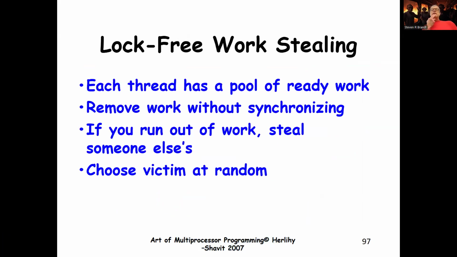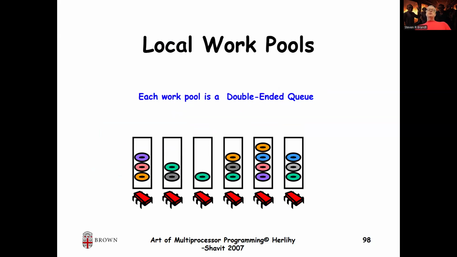What we want to look at is the concept of lock-free work stealing. Each thread has a pool of ready work, and it can remove its own work without synchronizing. But if you run out of work, you steal someone else's, and you choose your victim at random. So this looks like this: each of the workers has a double-ended queue.